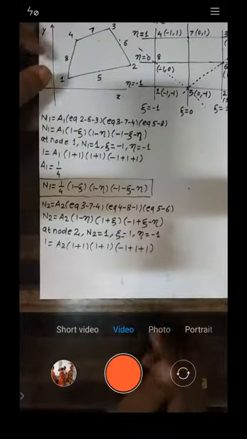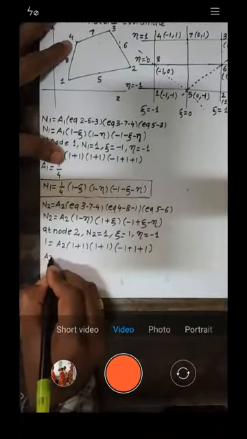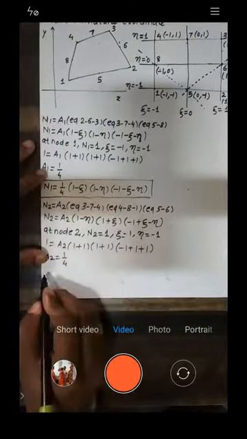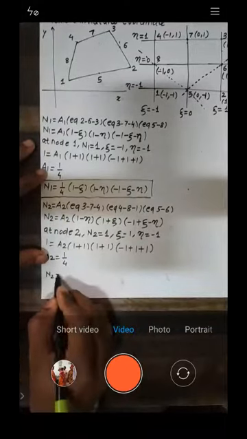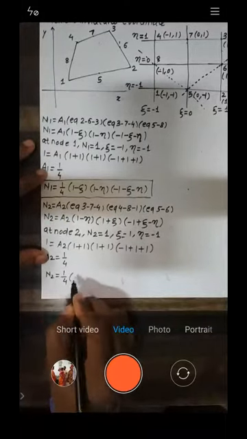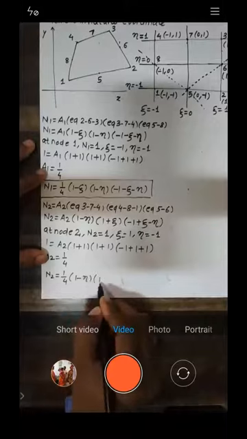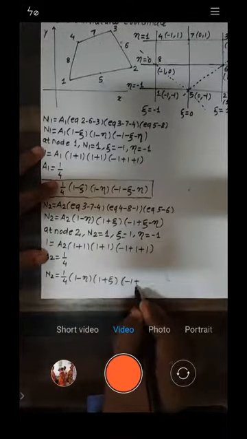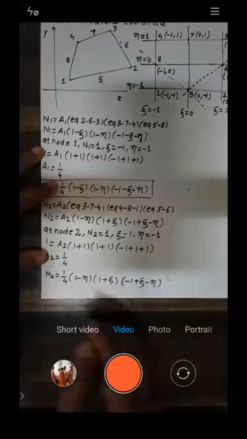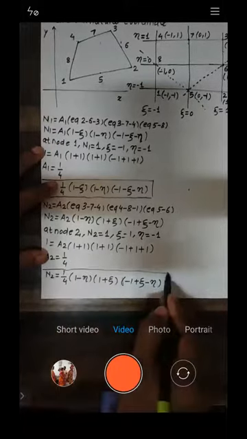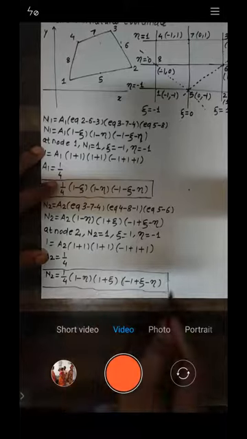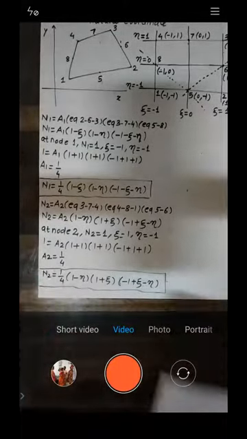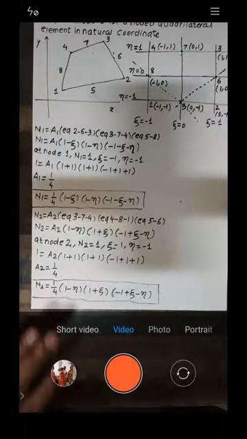So you will get A2 as 1 by 4. When I put this value in N2, you will get N2 is equal to 1 by 4 into (1 minus neta), (1 plus zeta), (minus 1 plus zeta minus neta). So this is the value you will get. Is it okay with this one?